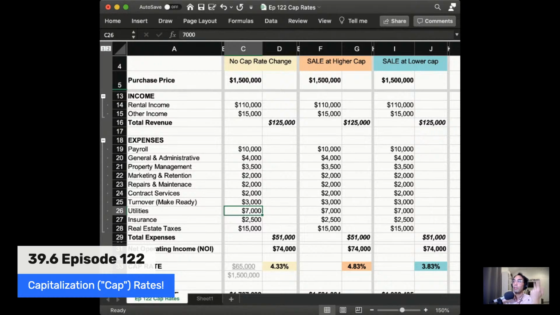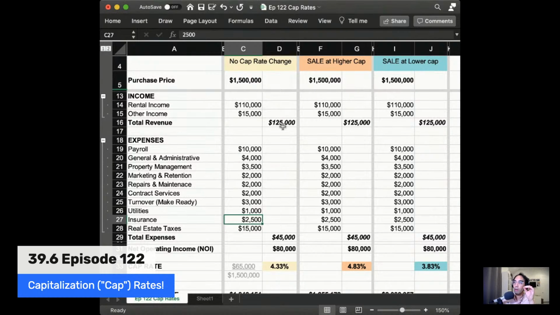And let's say we bill back utilities to the tenants, so let's bring this down to $1,000. So now we've decreased our expenses by $10,000, I think, and we've increased our income by $5,000.